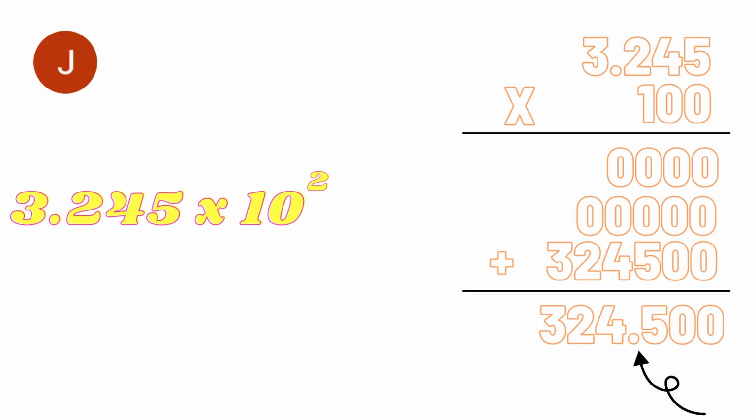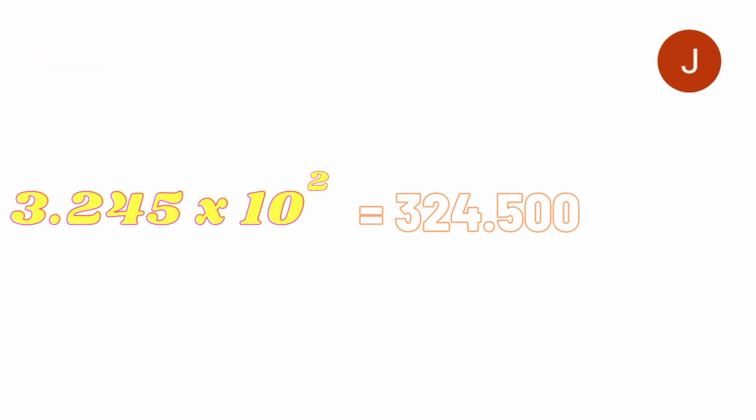So 3.245 multiplied by 10 to the power of 2 gives me 324.500. Since we're dealing with two zeros to the right after the decimal point, we can just remove them, and my answer will be 324.5.